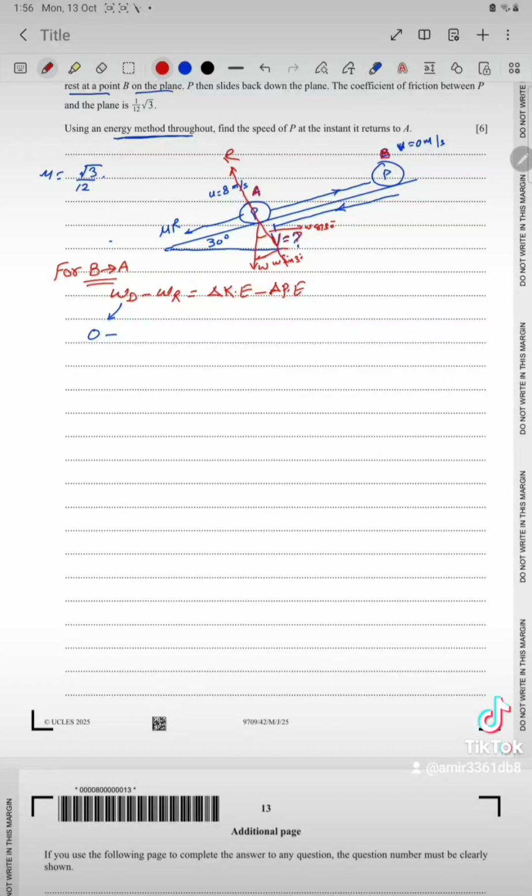We don't know this height, and we need to know this distance as well. So by applying the values, resistive force is mu R, and that is supposed to be W sine 30 degree, right?